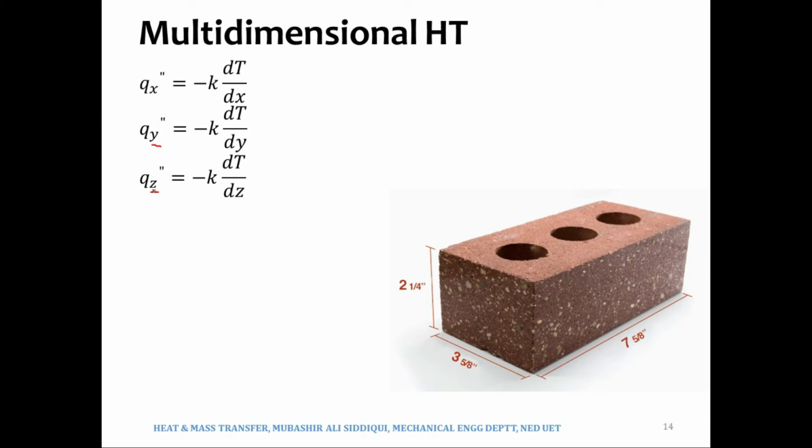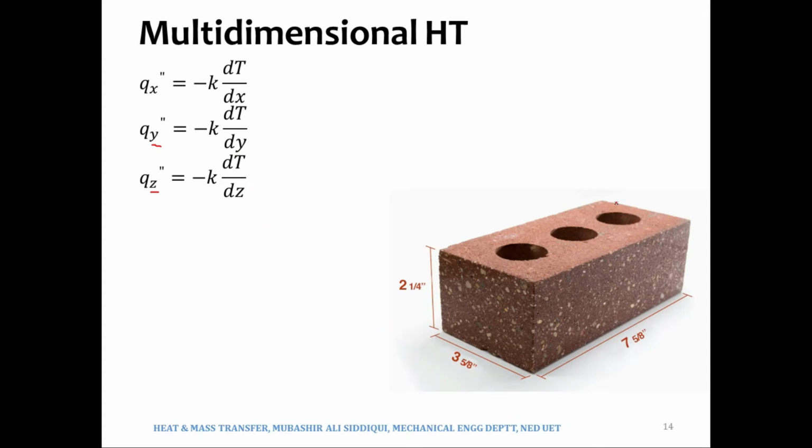And similarly, the heat flux in z direction will be given as minus k delta T over delta z, or dT over dz. Where delta x is the thickness of the medium in x direction, delta y is the thickness of the medium in y direction, and delta z is the thickness of the medium in z direction.